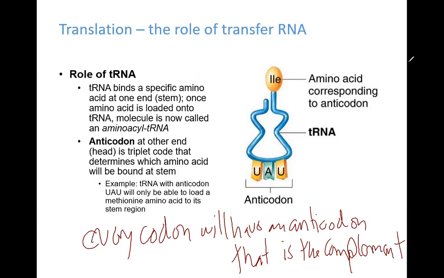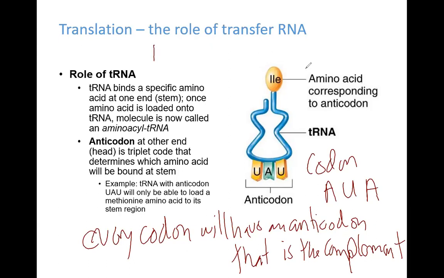So if the codon's first base is A, then the anticodon's first base will be U. If the codon's second base is G, then the anticodon is going to be C. And if the third base in the codon is U, the anticodon will be A. So it doesn't matter. For example, if the anticodon is UAU, the codon would be AUA.